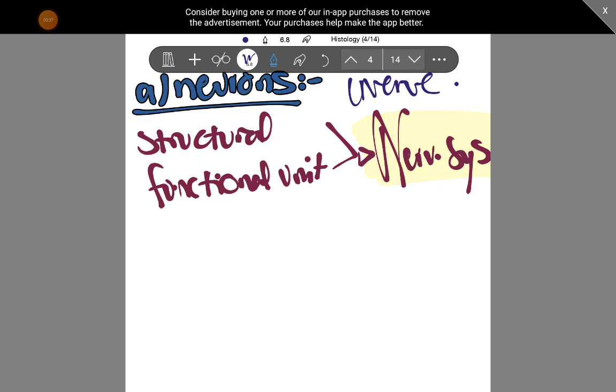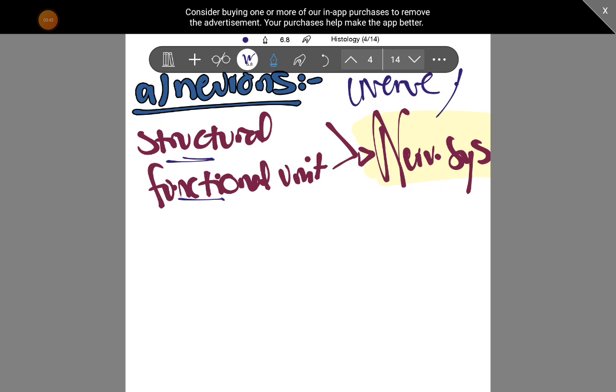The first thing you should know about the nerve cells, or the neurons, is that they are the structural and functional unit. What does that mean? The neurons all together form the central nervous system. A lot of axons together make a nerve.